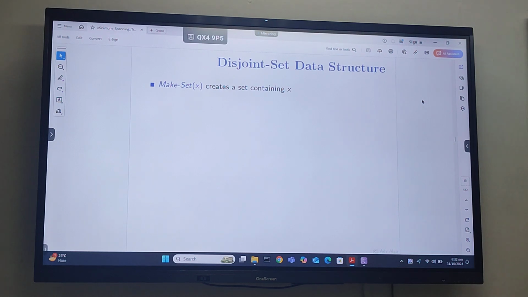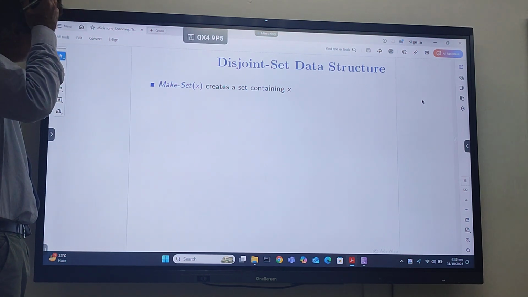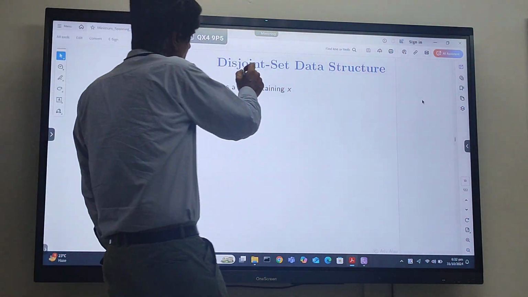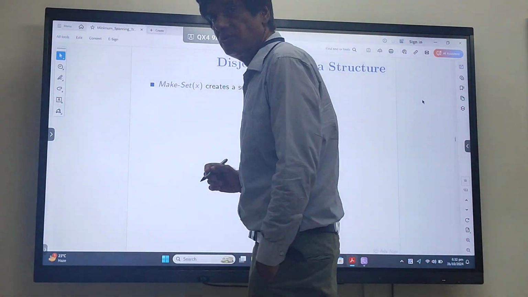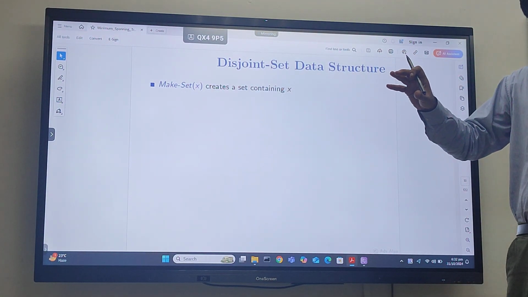So this is Kruskal's algorithm. Kruskal's algorithm essentially builds a forest of trees. It uses the disjoint set data structure. So it has sets that are just disjoint. What is a disjoint set?